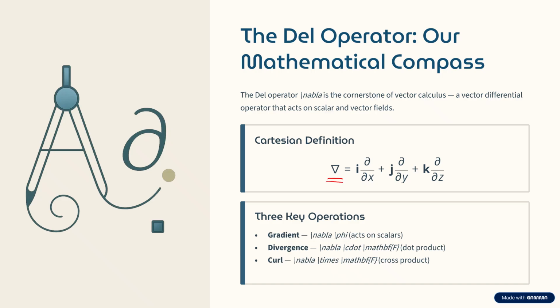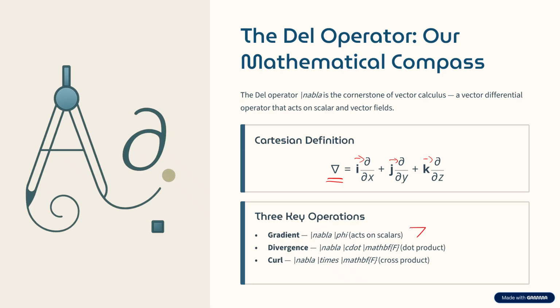It is defined as i vector dou by dou x plus j vector dou by dou y plus k vector dou by dou z. Vectors are denoted by cap, i cap, otherwise i vector like this, j vector and k vector. Based on this del operator, we are going to see three key operations, namely gradient, divergence and curl.